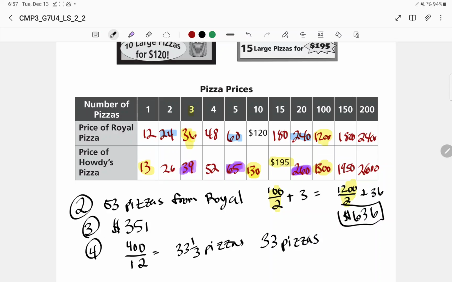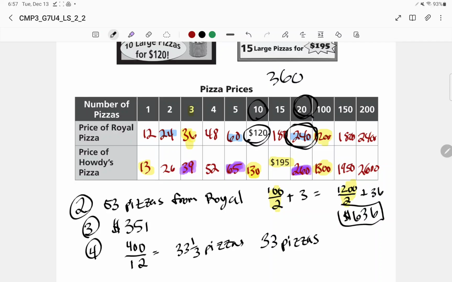Okay, you could also use the rate table above to try to figure that out. That's entirely up to you. Like if you look at this, this is Royal Pizza. So you could do $240 will give me 20 pizzas, and then another $120 will give me 10 pizzas, right? So total, I've spent $360.